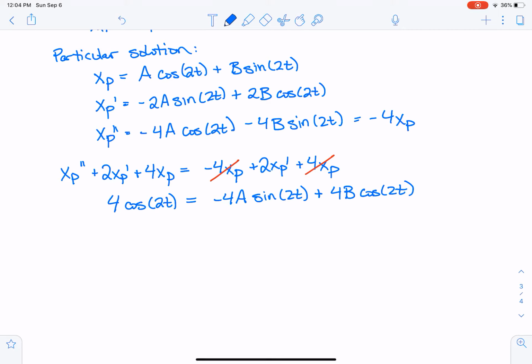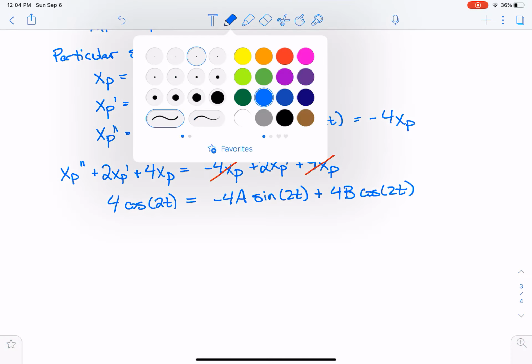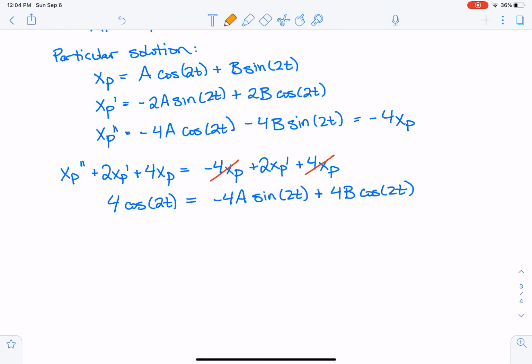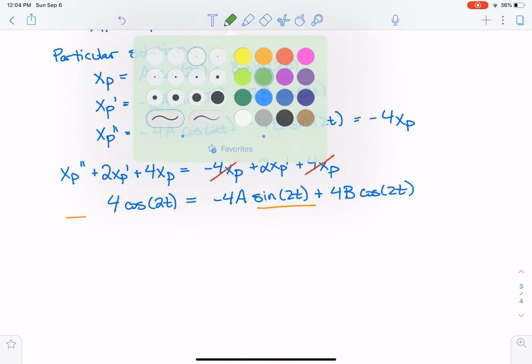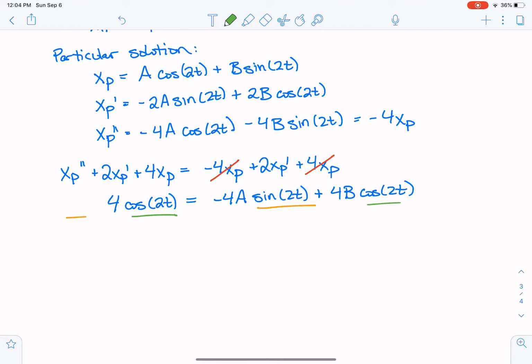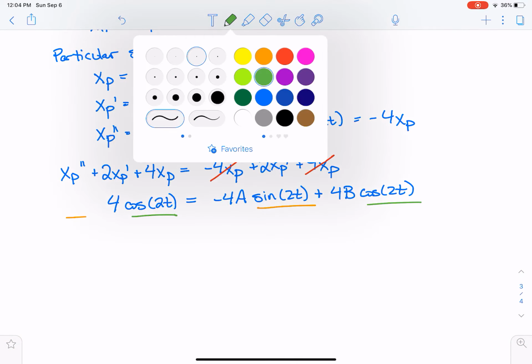Now, I'd like to match the cosine terms and the sine terms. I'm going to try to match the sine terms here, but I don't see anything over here. So that's going to tell me that A is going to be 0. And then I want to match these cosine terms there.